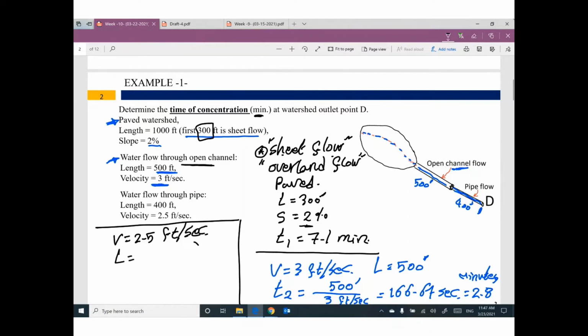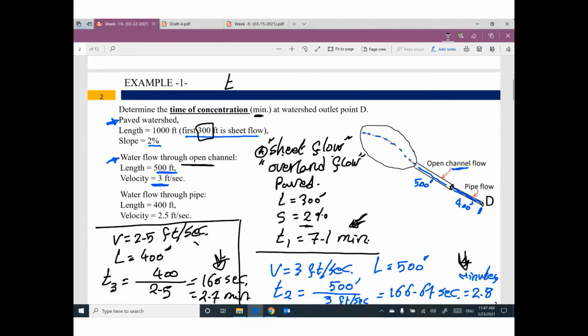The length is given as 400 feet. So T3 equals length divided by velocity. Your value will be 160 seconds, which is equivalent to 2.7 minutes.